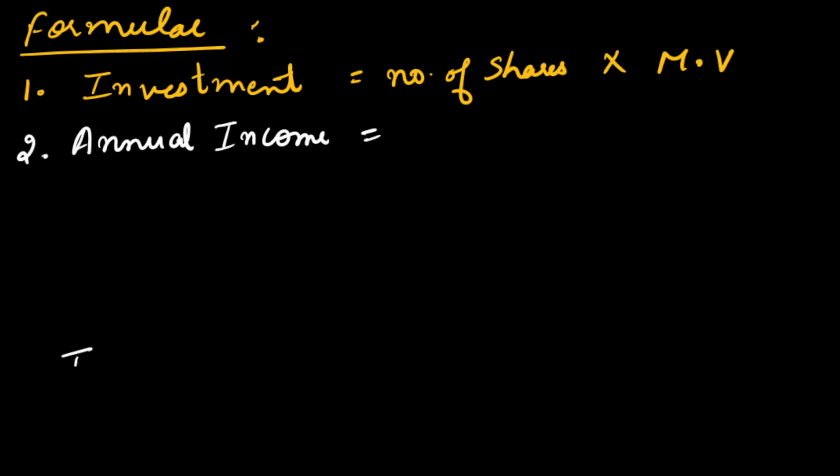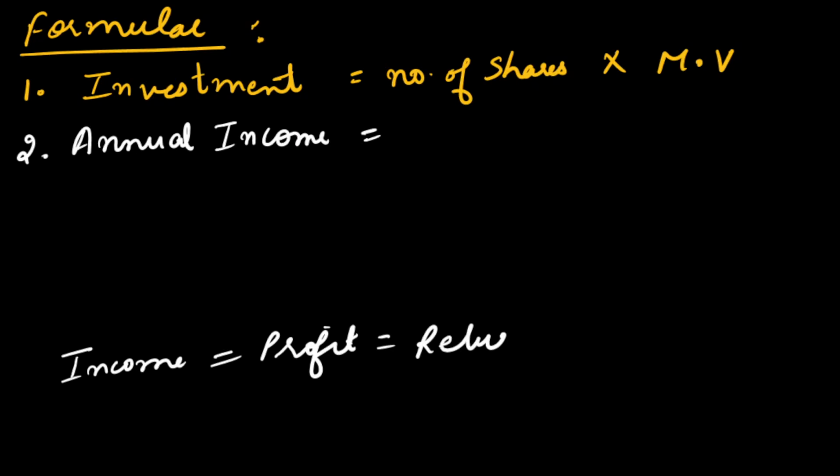Because here I'll tell you one thing, income means profit, it means return also, it means dividend also. So annual income might be annual profit, annual return, or annual dividend.